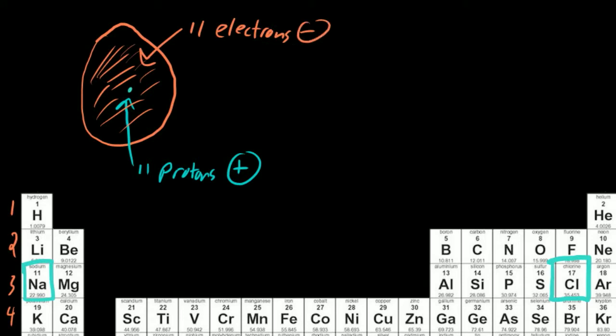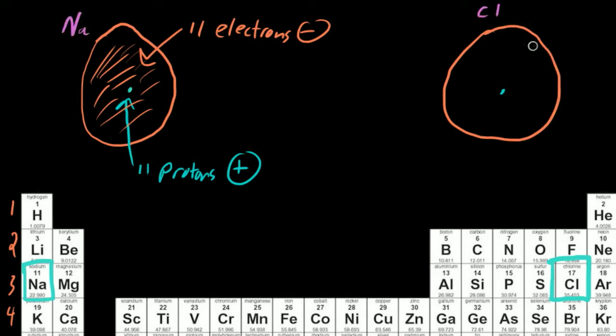And then we can say the same thing for chlorine. If we draw the nucleus and all the electrons around it, and let me label this: sodium was over here, and this is chlorine over here. Inside the chlorine nucleus there are going to be 17 protons.